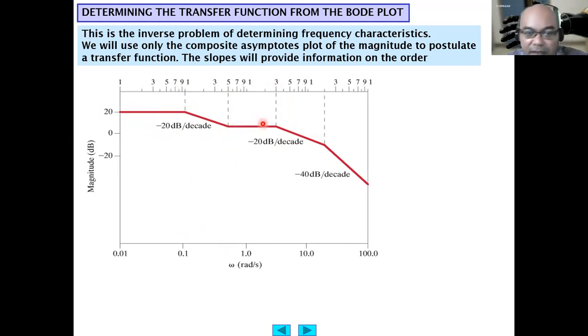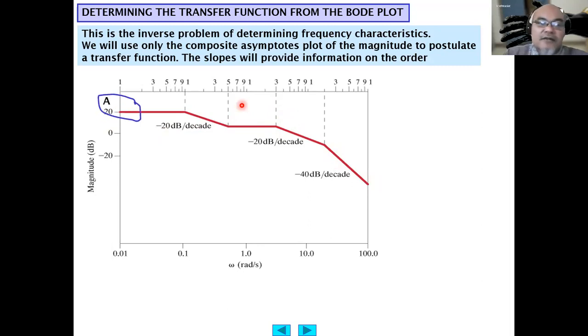Then it is back to flat at 0 decibel. And then at 3 radian per second, it goes down again at negative 20 decibel per decade, then going down steeper at negative 40 decibel per decade. Looking at this, we know that this transfer function should contain more poles than zeros, because the tendency is going down.